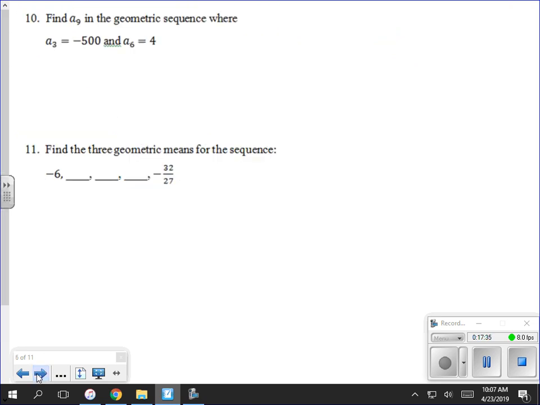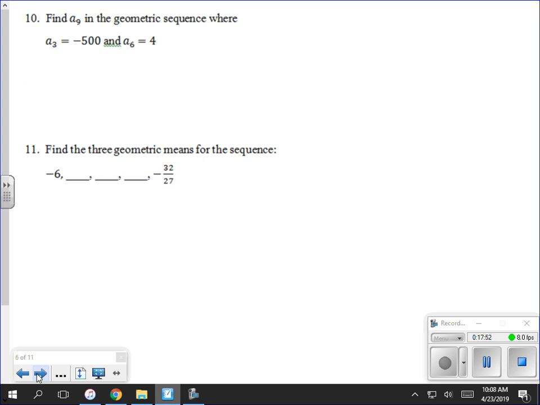Find a sub 9 in the geometric sequence where a sub 3 is negative 500, a sub 6 is 4. Couple of ways to do this, but you absolutely need to have r. Your first thing is you have to figure out what r is.